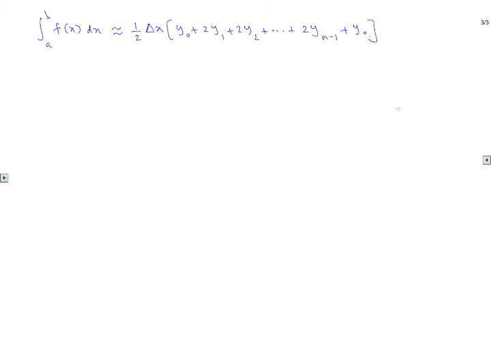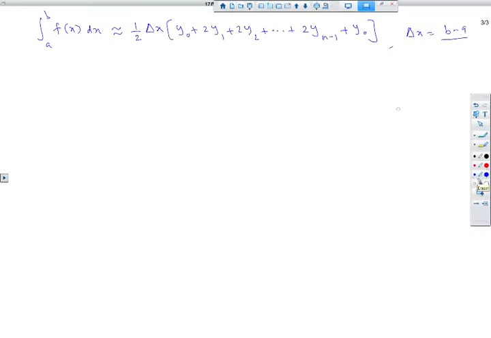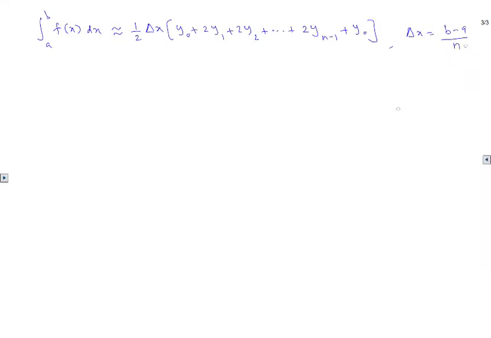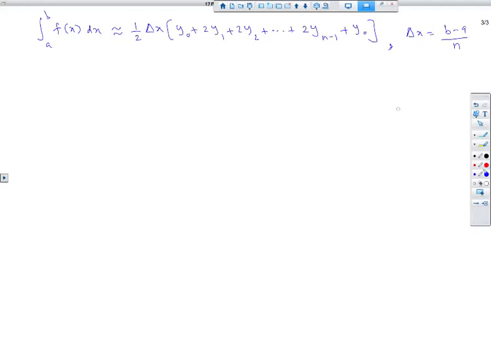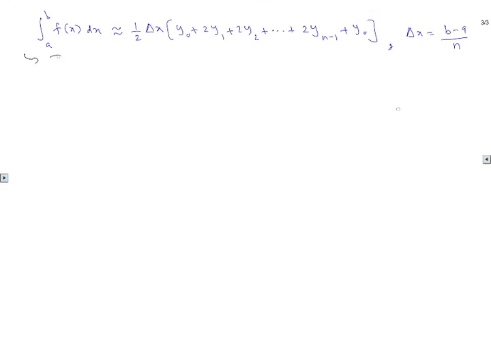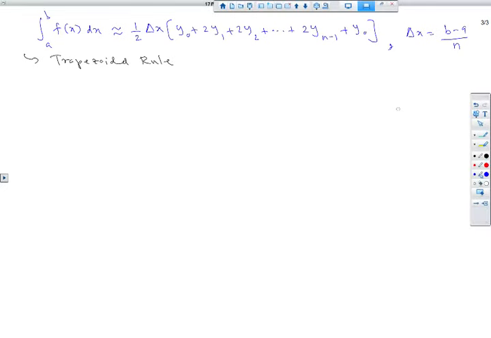This is the trapezoidal rule, where delta x is b minus a over n, not over 2, over n. N is the number of subdivisions. This is what we call the trapezoidal rule.